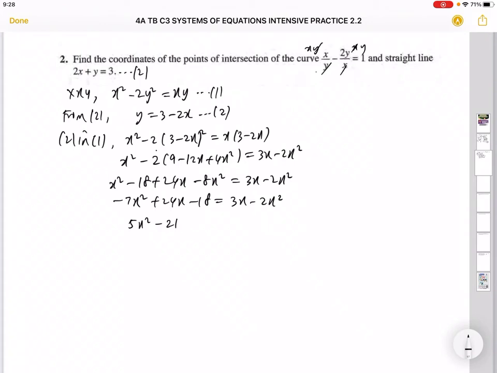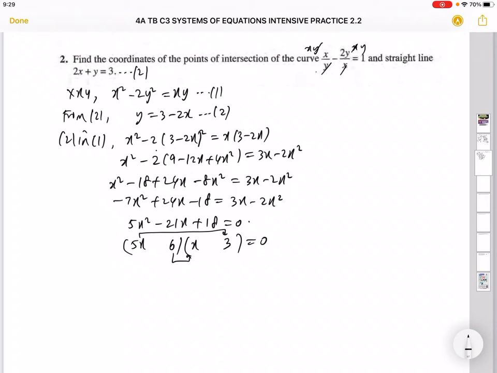Minus 24 plus 3 is minus 21, and then negative 18 brought over is positive 18. 5 times 18 is 90. So to get 21, I should use 15 and 6.